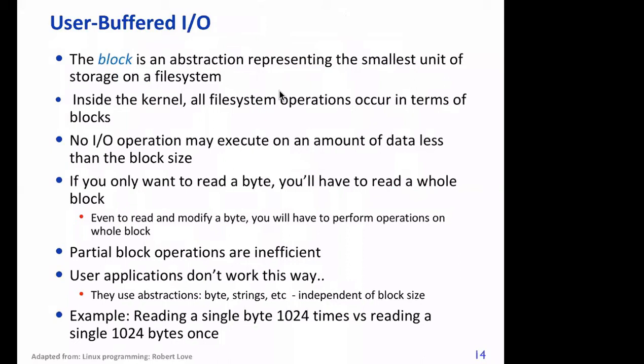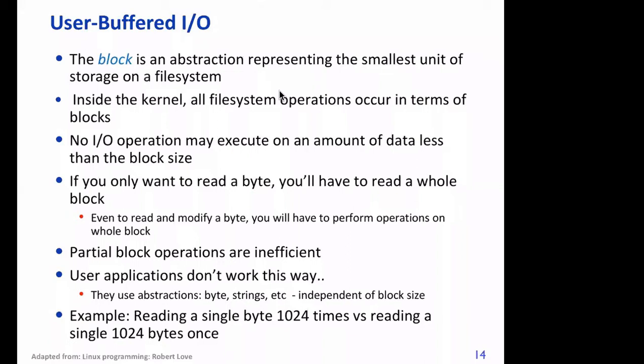Okay, so now we come to the concept of why we need buffered IO. Note that when we looked at the disk, if you remember, the disk is partitioned. It basically consists of a number of circles, or tracks, and then there is a sector, and then we have the concept of blocks.